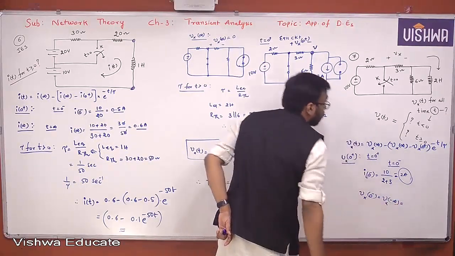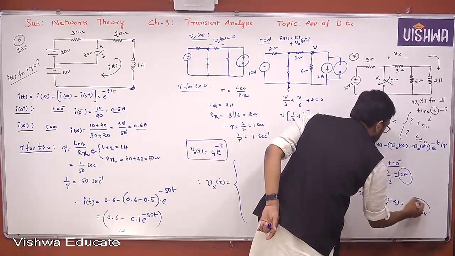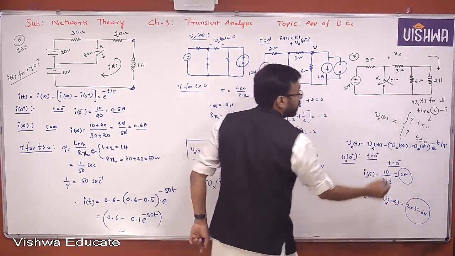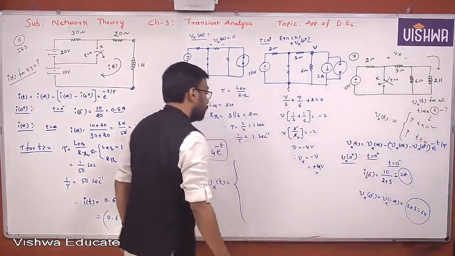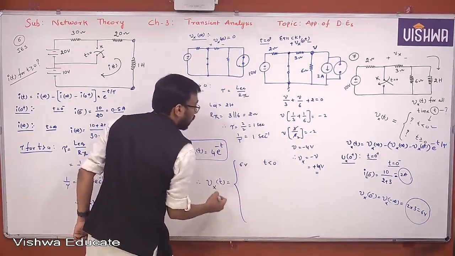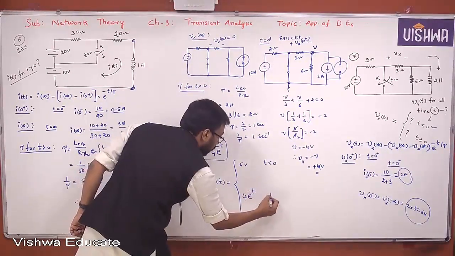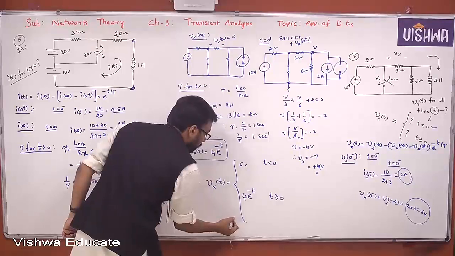How much here? 2 into 3, 6 volt. I need this information to answer this question. That is 6 volt for t less than 0 and 4 into e power minus t for t greater than or equal to 0.